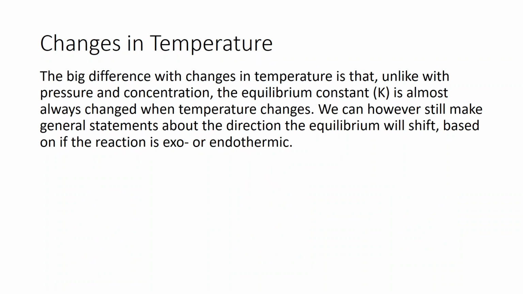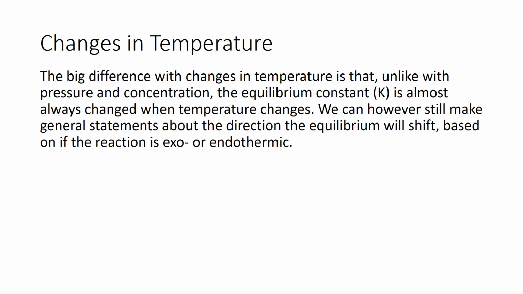Okay, here's the one that I think tends to make the least intuitive sense for people, but really is no different than the one where you're changing products and reactants, right? So changes in temperature. The big difference with changes in temperature is that unlike pressure and concentration, the equilibrium constant K is almost always changed, right?